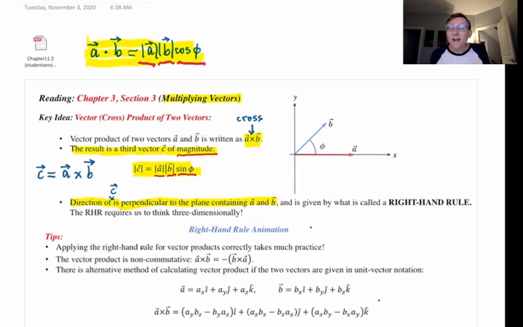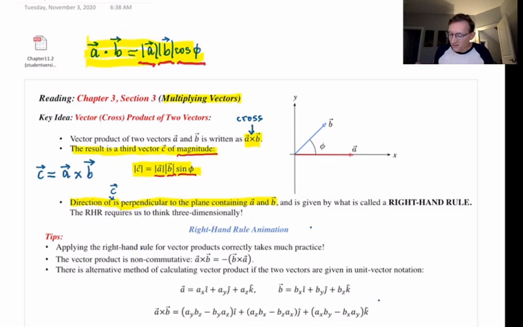Well, that narrows it down because that only leaves me two possibilities. As far as this two-dimensional picture is concerned, there are only two directions that are perpendicular to this xy plane, the plane of the screen. That's straight out of the screen towards me, or straight into the screen away from me. You see that?